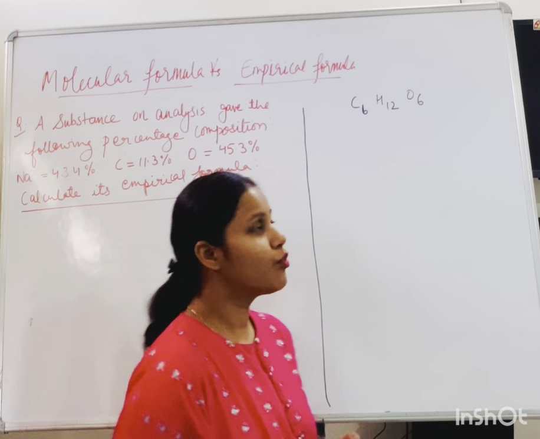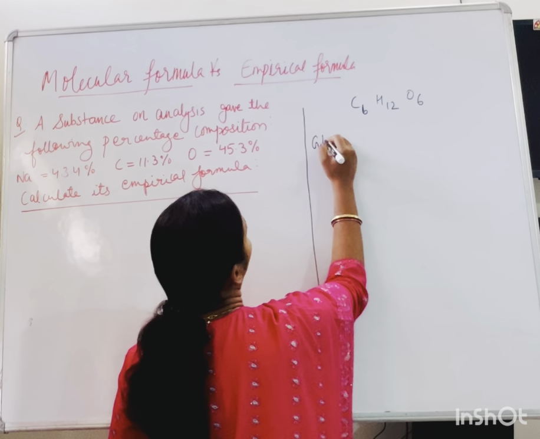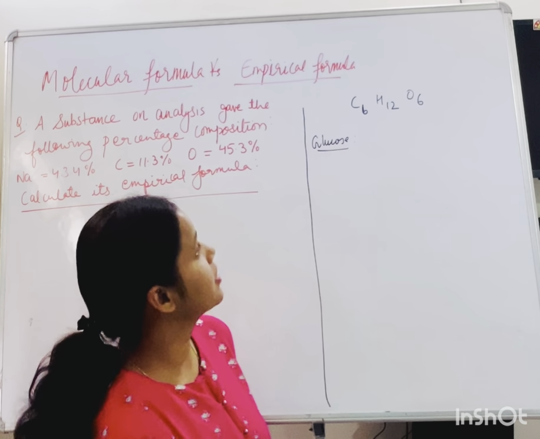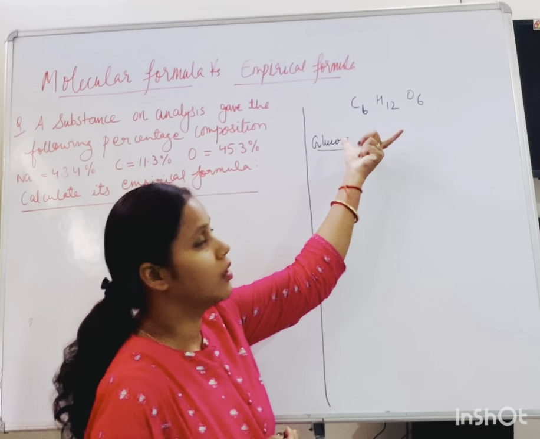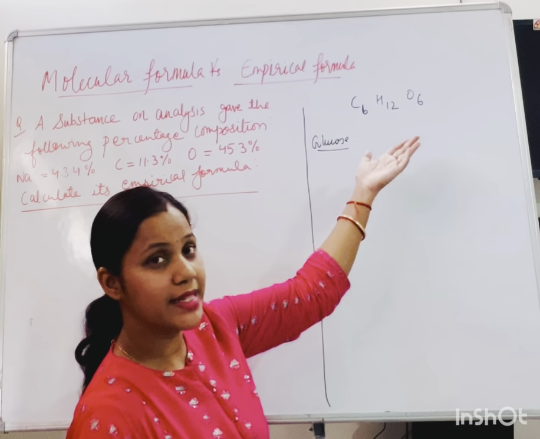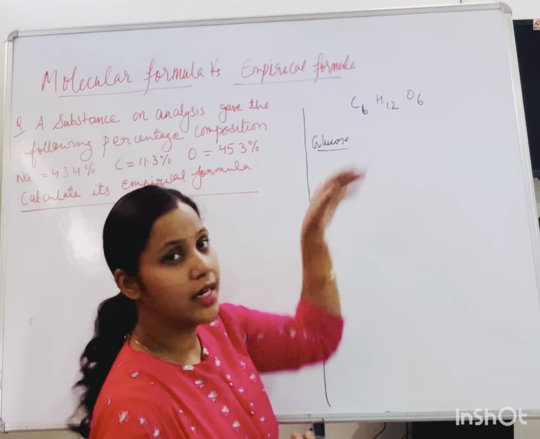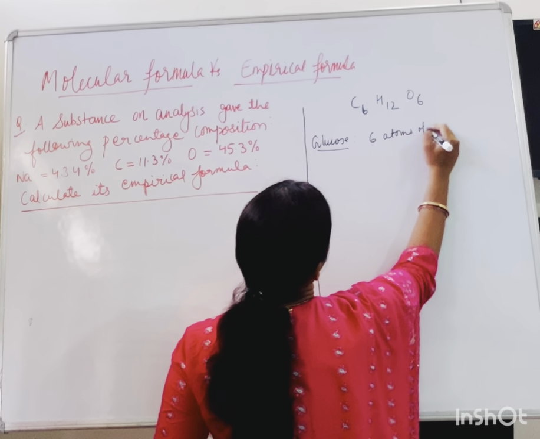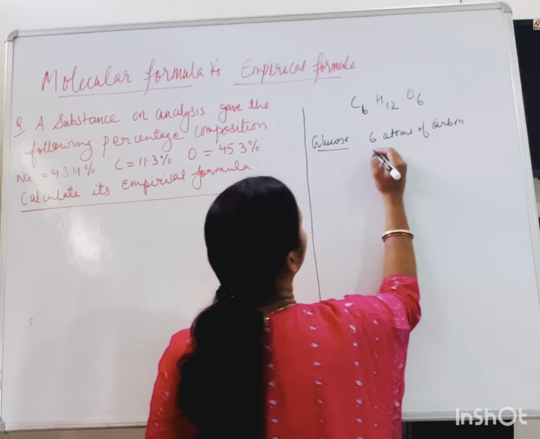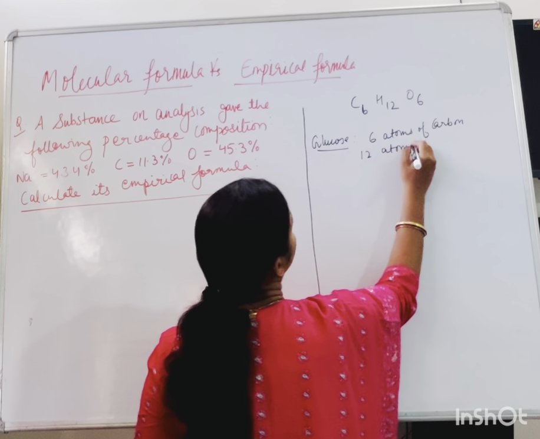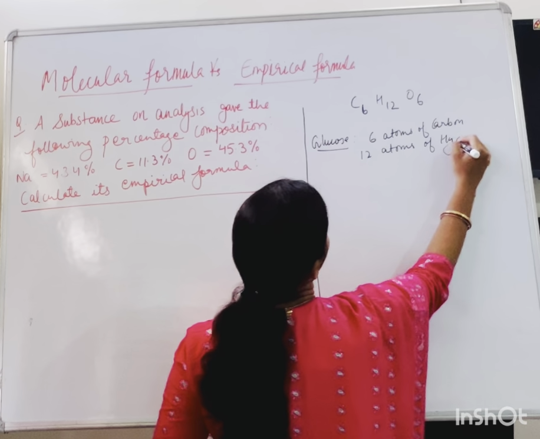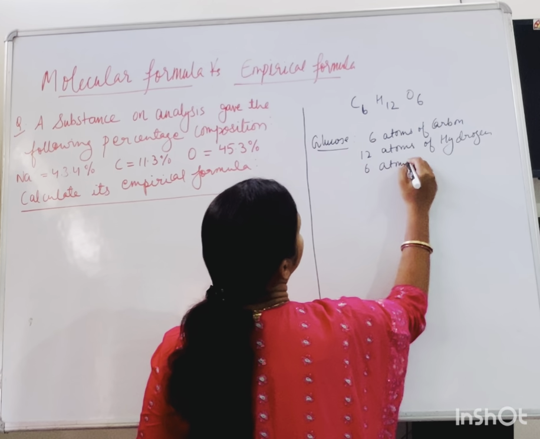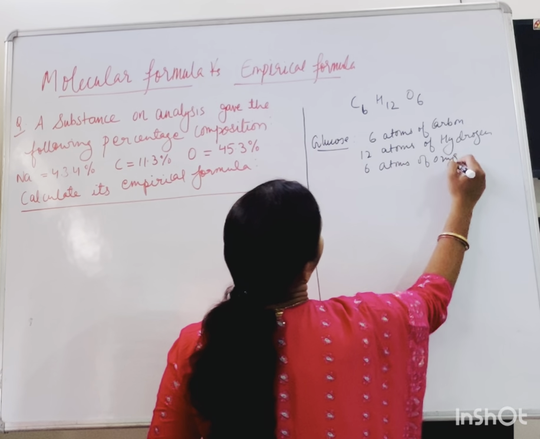So if I write C₆H₁₂O₆, what is this molecule called? It is the molecule of glucose. So what information are we getting from this particular molecular formula? It is telling us that it contains 6 atoms of carbon, 12 atoms of hydrogen and 6 atoms of oxygen.